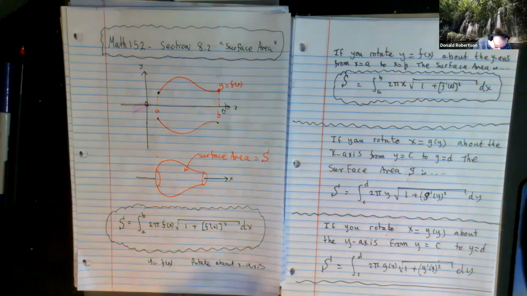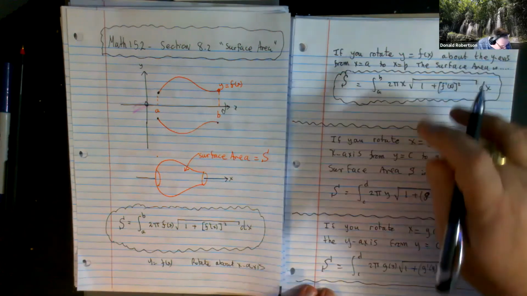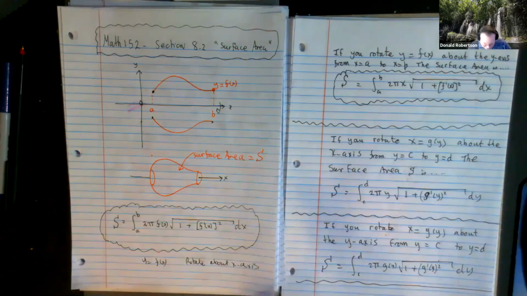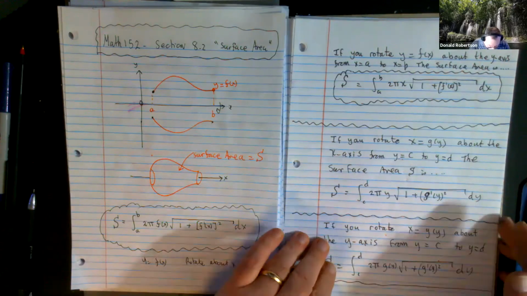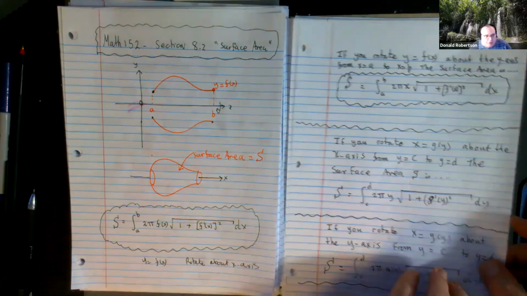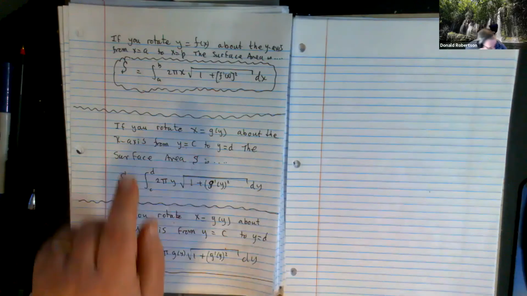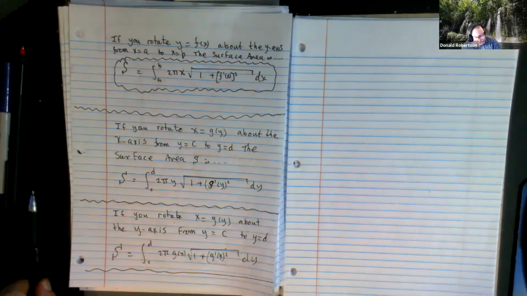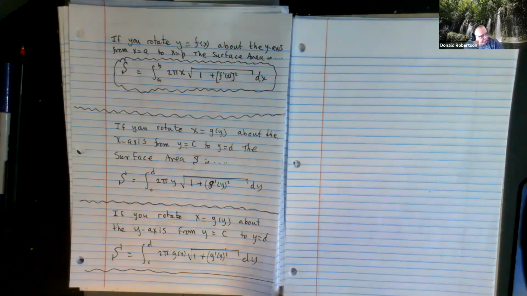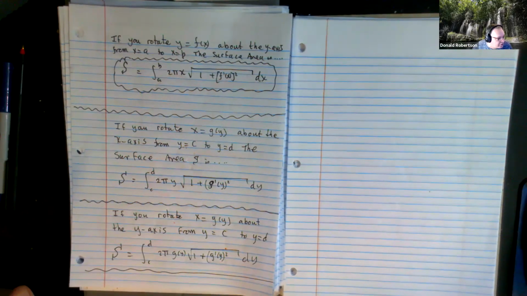Now what I've got over here are the other possible combinations. So let me move this to here and talk about the top one, because that's the one I'm going to do my first question on. Suppose you want to take a curve, y equals f of x, but not rotate it about the x-axis, but rotate it about the y-axis.